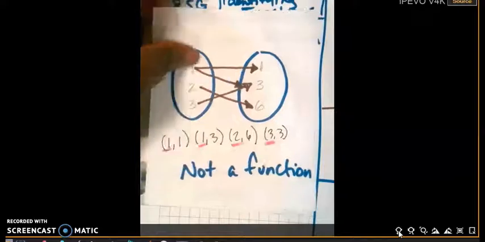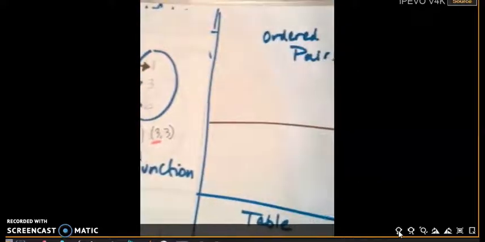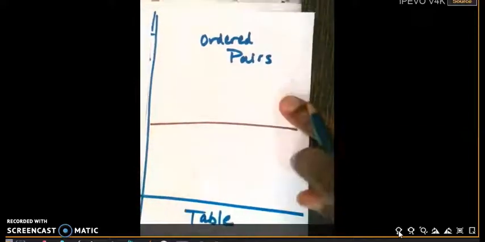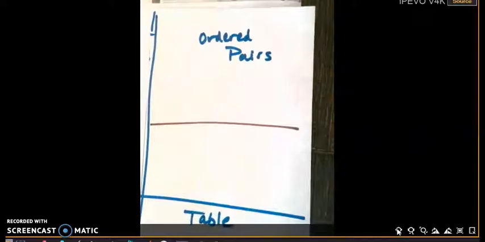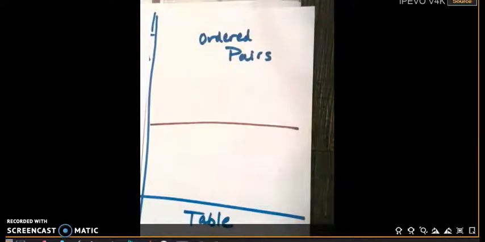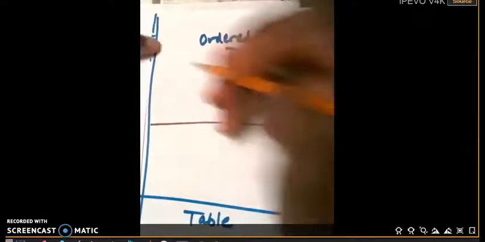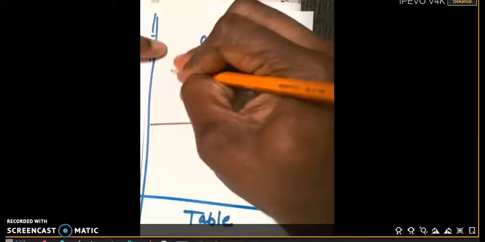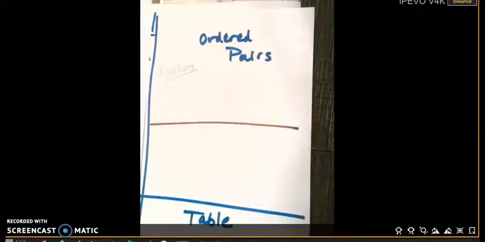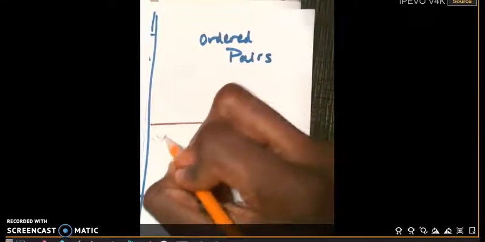Now let's move over to ordered pairs, since we've already been working with them. Again, I'm going to write with a pen so everybody can see this a little better. Just picking up where I left off, I'm going to put this one as a function here and a non-function here.